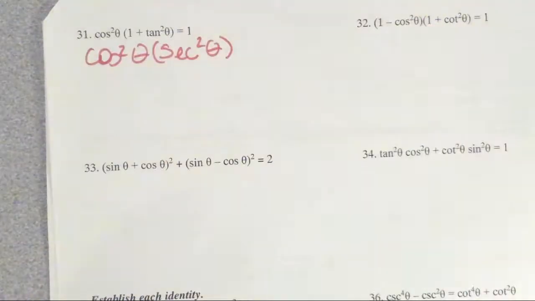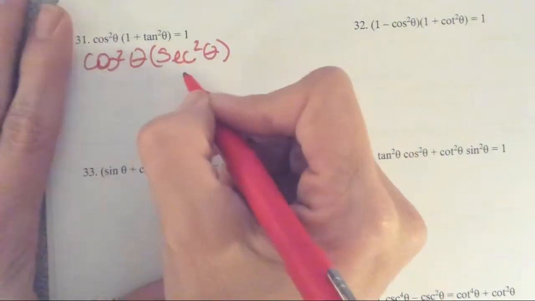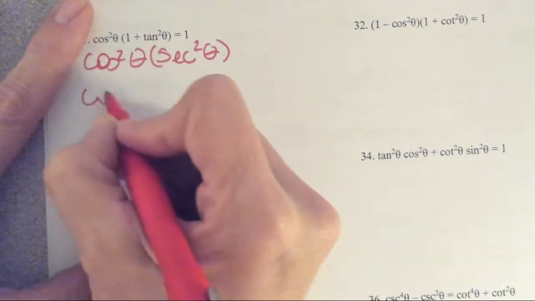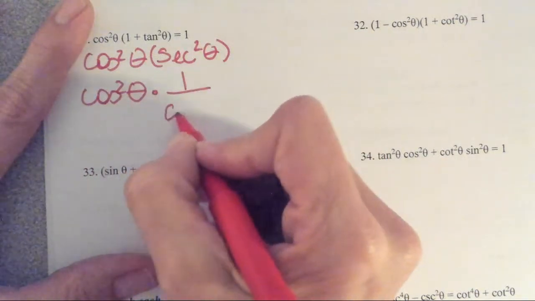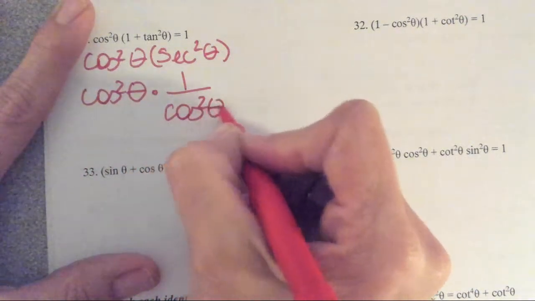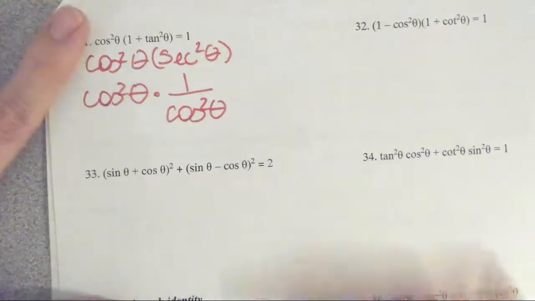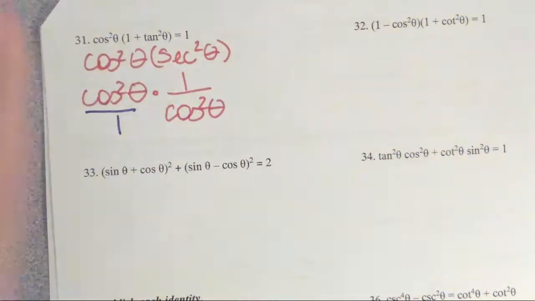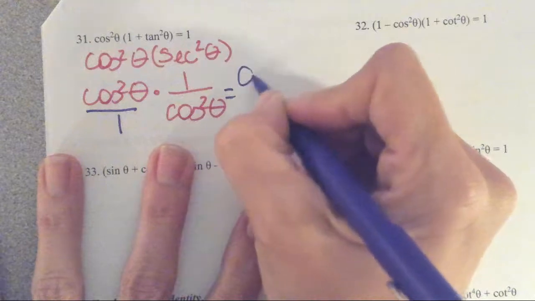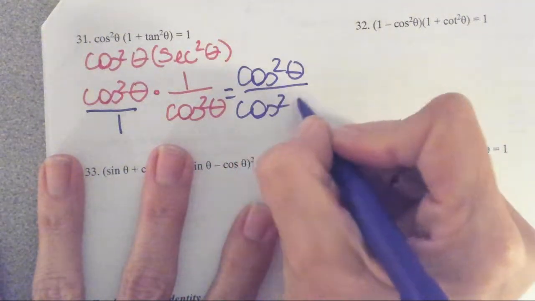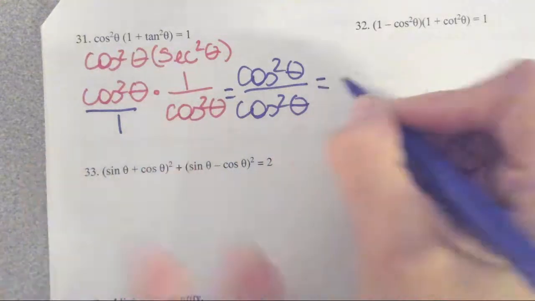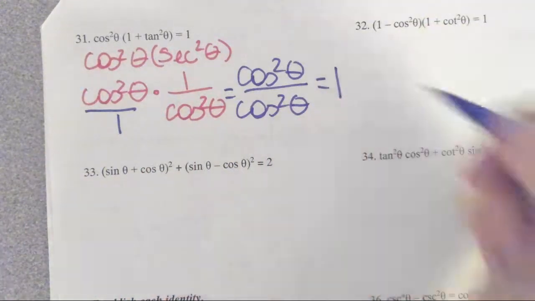Remember, I'm trying to make it equal 1. And I know I can rewrite secant squared as a reciprocal, 1 over cosine squared. And now I can put this over 1, and I get cosine squared theta over cosine squared theta, and anything divided by itself is 1.